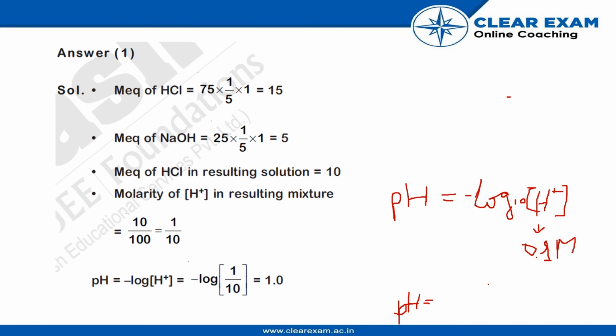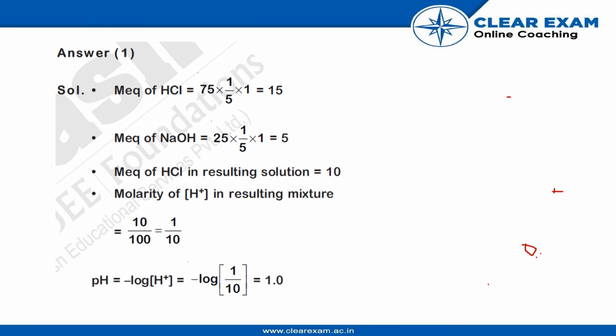So we get our answer: 75 ml of M/5 HCl plus 25 ml of M/5 NaOH will give our pH 1.